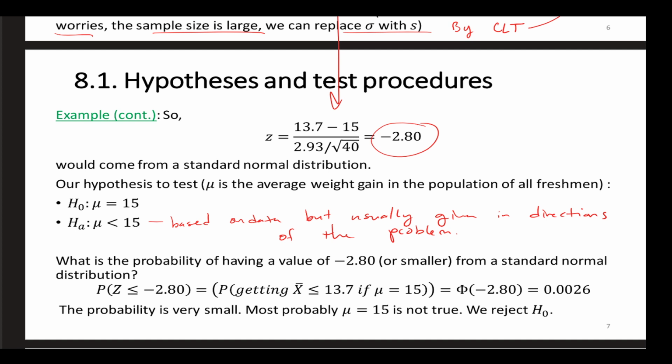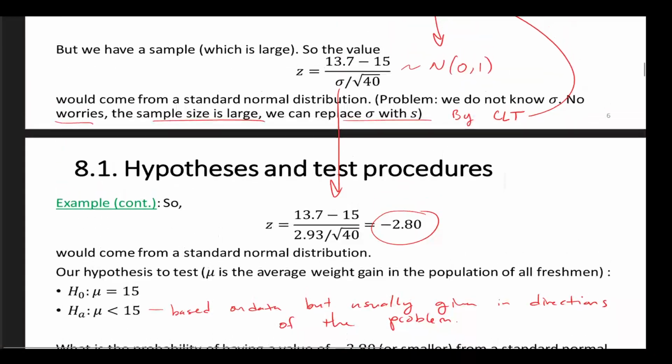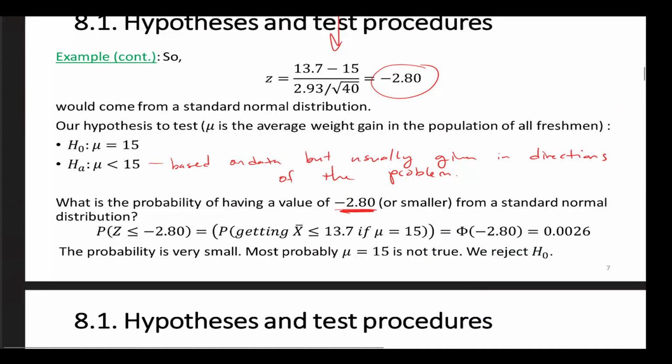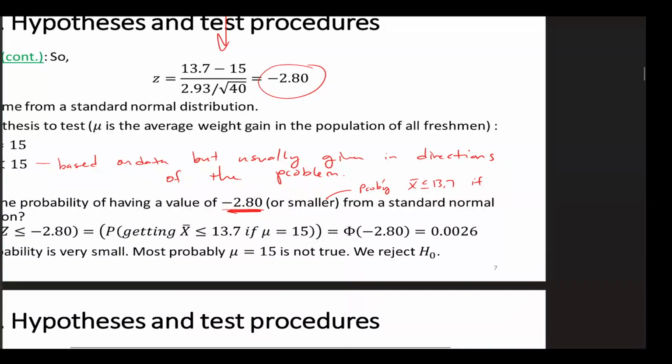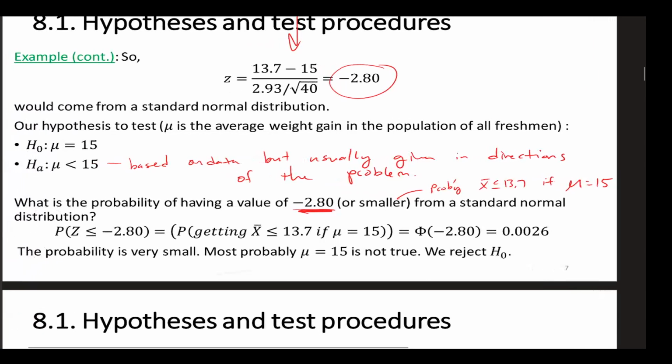What is the probability of having a value of negative 2.80 or smaller? So what's the probability basically of x bar being 13.7 or smaller? So that's the same question. What's the probability x bar will be less than or equal to 13.7 if mu were equal to 15? That's the idea.